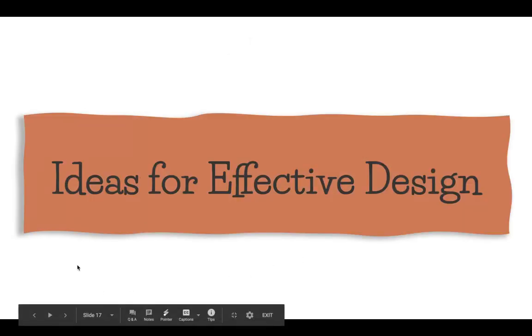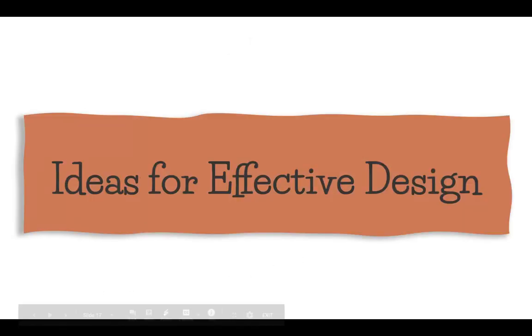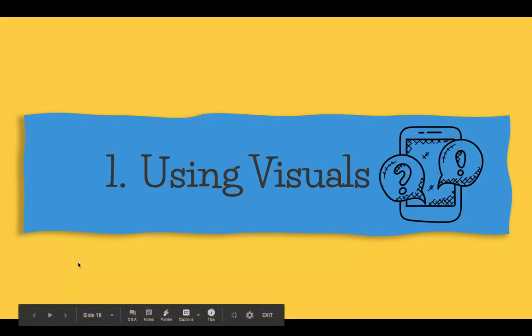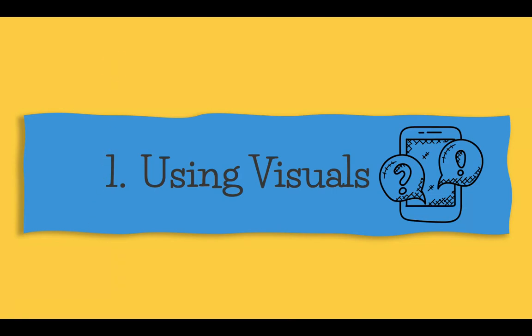So, here are some ideas that we might want to consider when we're looking for effective design examples. The first thing that we might want to consider is the idea of using visuals.